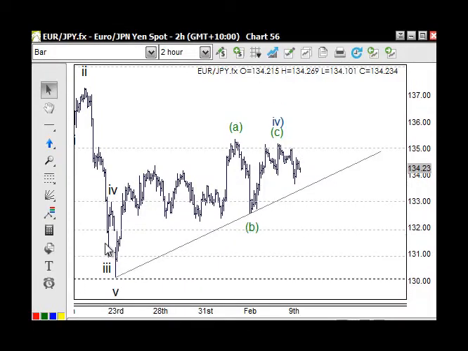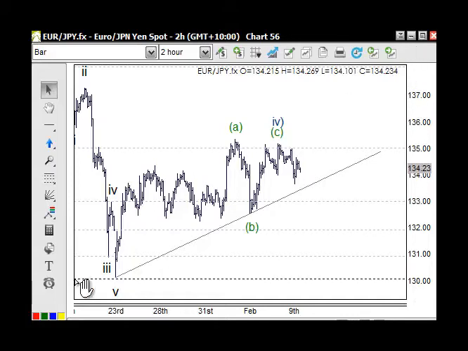As it stands at the moment as a correctional rally, it's possible to have a high in place here, but we certainly wouldn't short this being above 133, the top of group 1. So we've got minor group 1 here, subgroup 1 here, 3 is always group 1, and this market is supported on that.